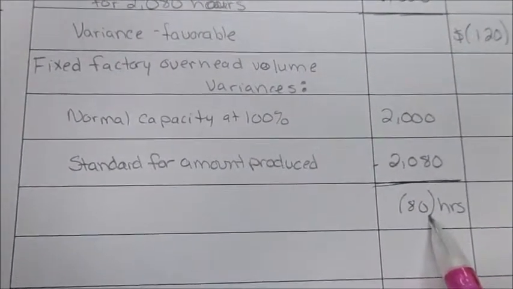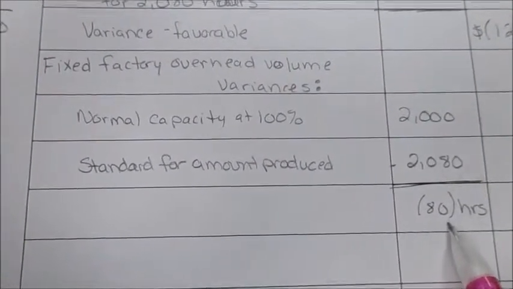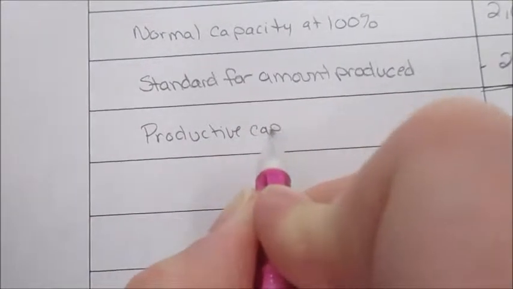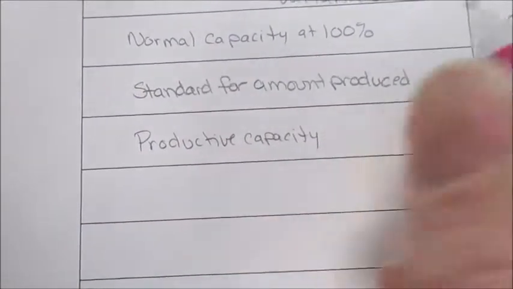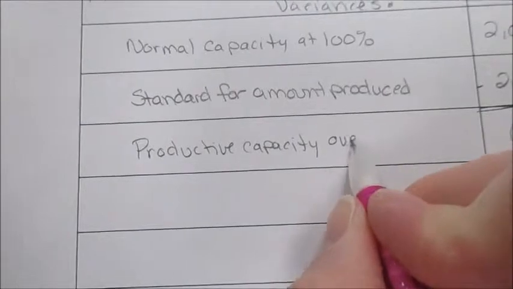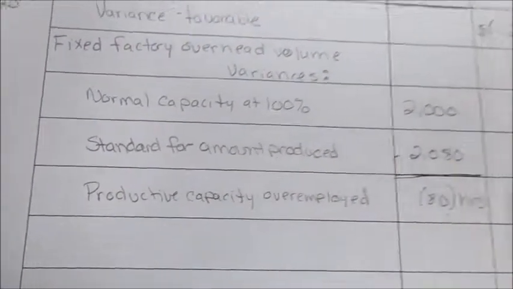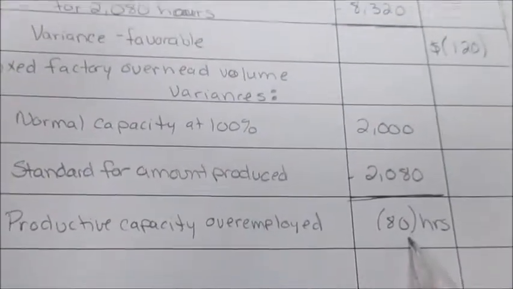It doesn't work that way. So we have to be able to turn this into dollars. First, we need to label this. This gives us our productive capacity overemployed. In other words, what we used over what we should have. So we have this 80 hours, and again, we cannot add hours plus dollars, so we have to turn this into dollars.